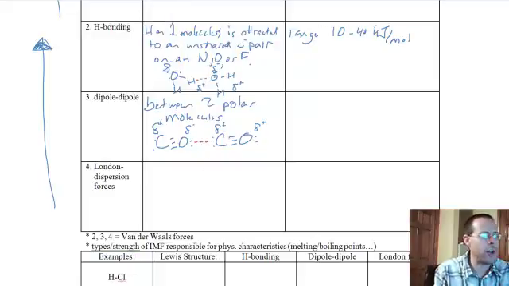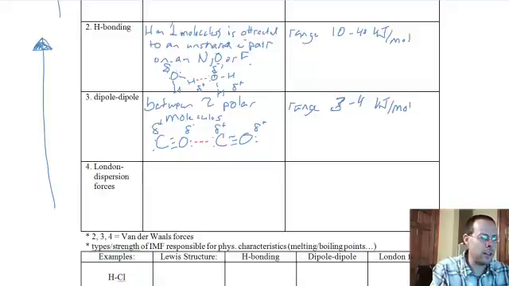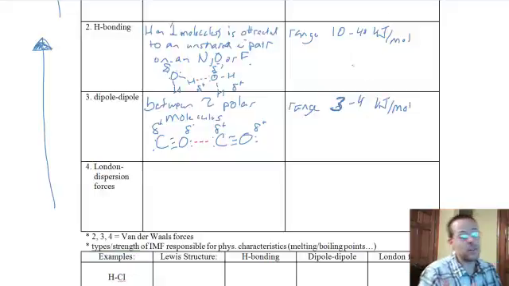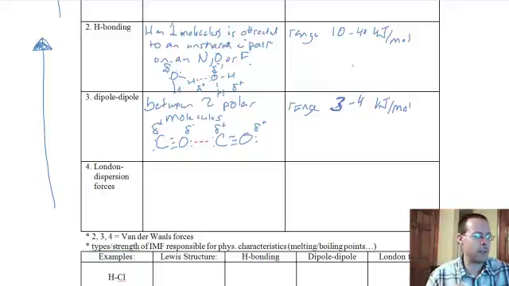So again, we have attractions between molecules, which is an intermolecular force. The range isn't too important as long as you know the scale, which is 3 to 4 kilojoules per mole. So as you can see, dipole-dipole forces are about 10 times as weak as our hydrogen bonds.